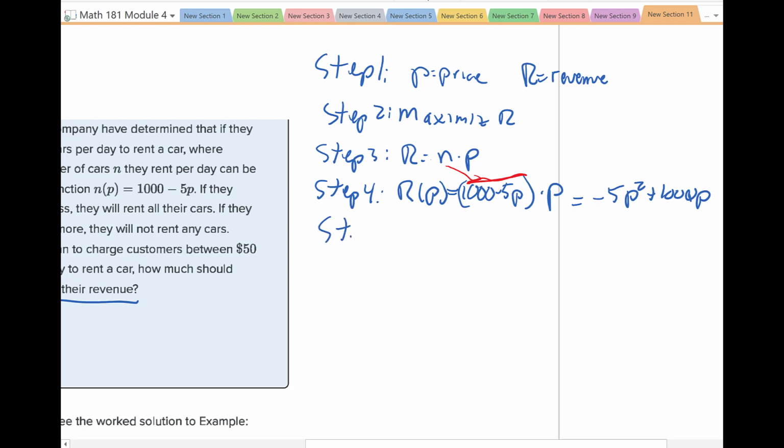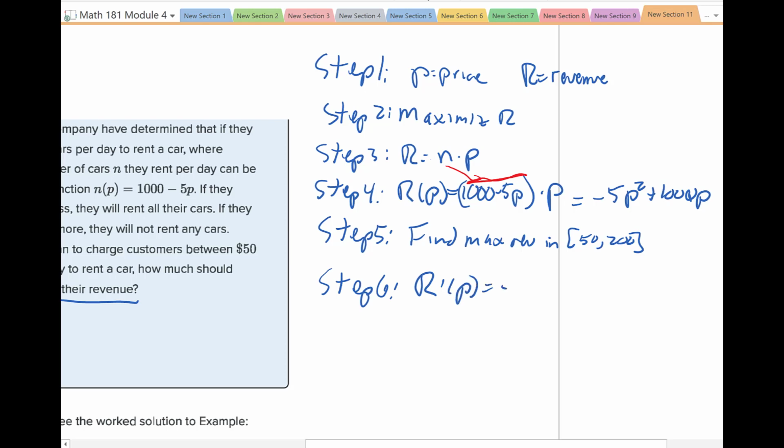So our step 5, we're going to find the max revenue in the interval from 50 to 200. So step 6, we're going to find r prime of p, which is negative 10p plus 1,000. So we could take that and set it equal to 0. And then 1,000 equals 10p.